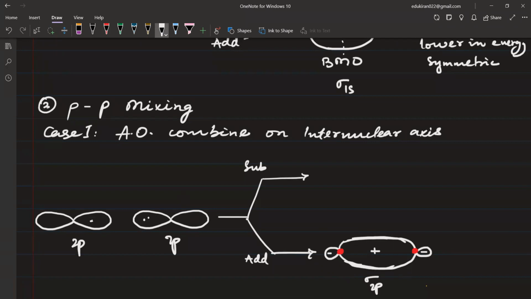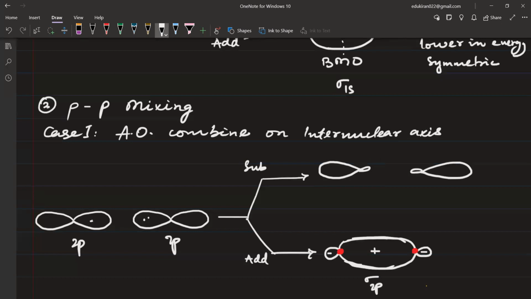And when it is subtracted, this lobe and this lobe are going to cancel each other out. There will be very small lobes remaining here, and the large lobe will be on this side. I'll just increase the size of these things. So these will be very small.